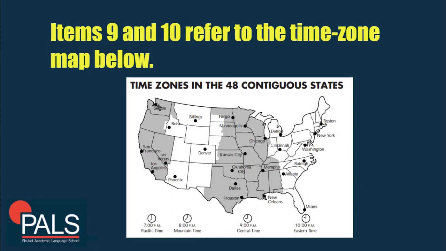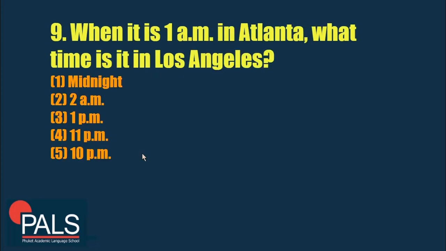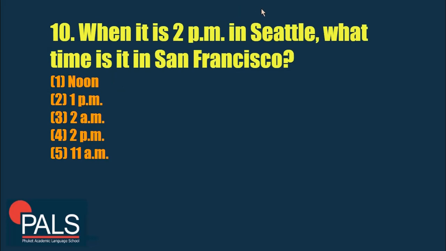They both belong in the same area, right? So, if it's 2 p.m. in Seattle, what time is it in San Francisco? It's also 2 p.m. That's why it's number 4.